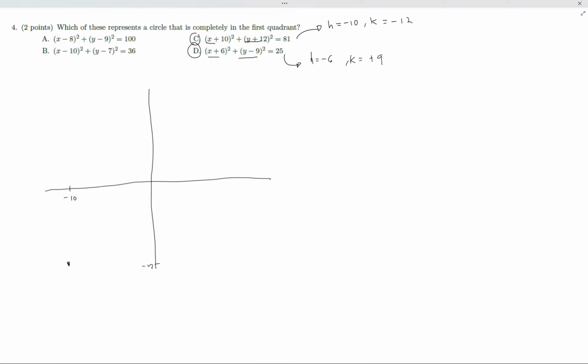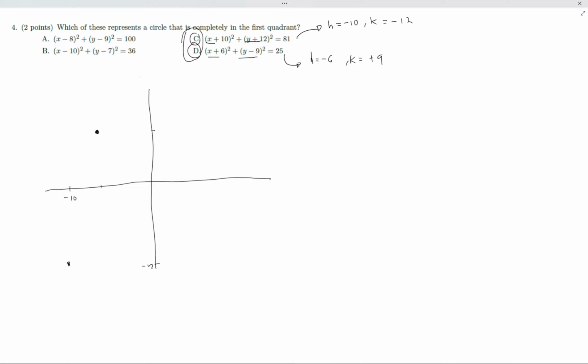So it could be around here, -6 and +9. So it should be a lot shorter, or less shorter than the -10 value. So right here. So the center of that circle is at quadrant 2. Therefore, those two are automatically disqualified from our choices.